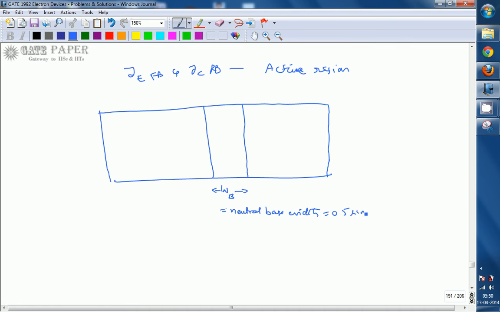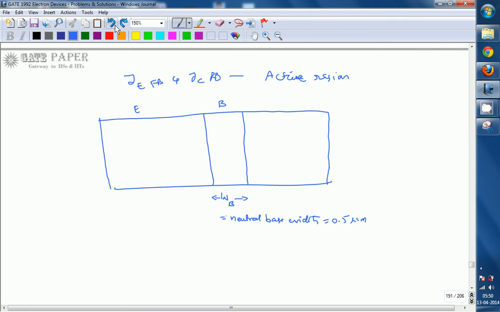Next, let us assume this is the emitter, this is the base, and this side is the collector. This portion is going to be treated as JE, the emitter base junction, and this is JC, the collector base junction.